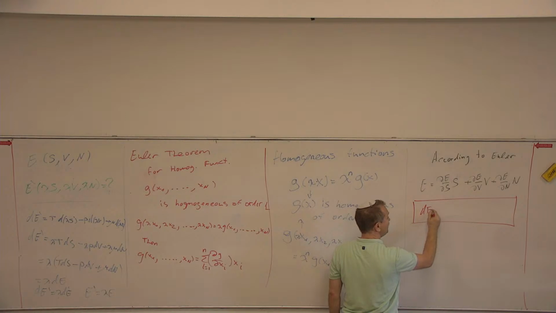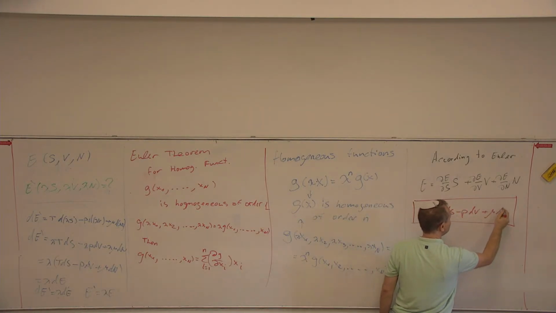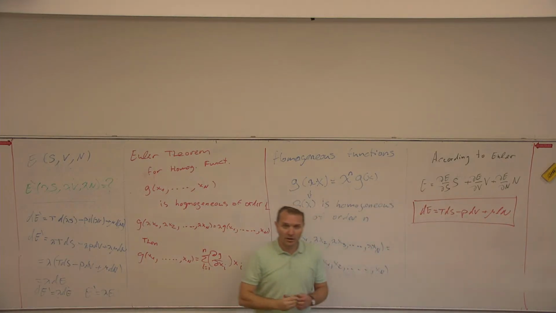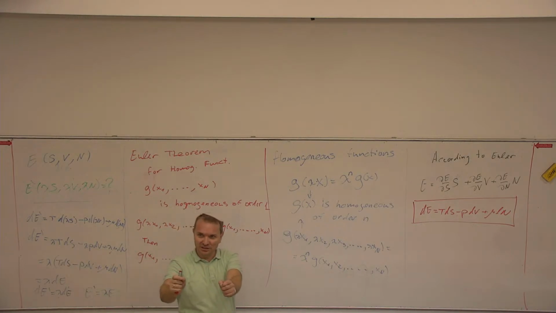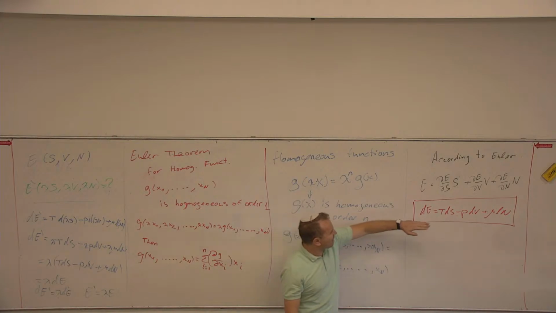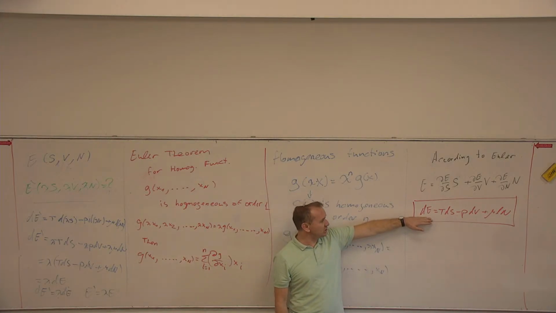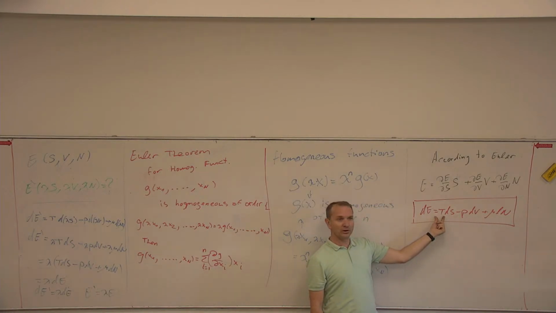We know dE equals T dS minus P dV plus mu dN. The only thing that you always have to remember is the differential of the energy and how to perform the Legendre transformation. That's basically all. So I write down the differential of the energy. I know exactly that those are my variables, and those are the partial derivatives.